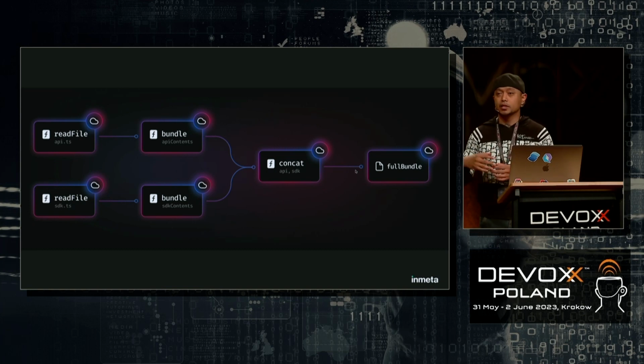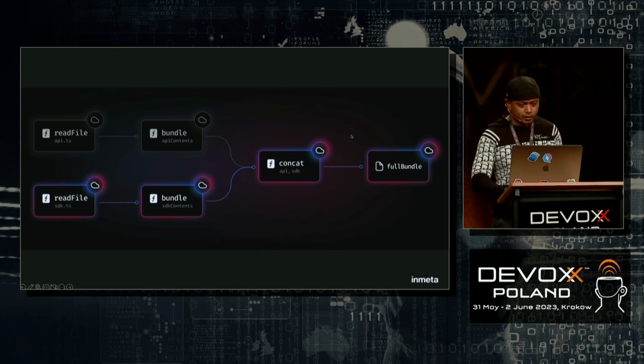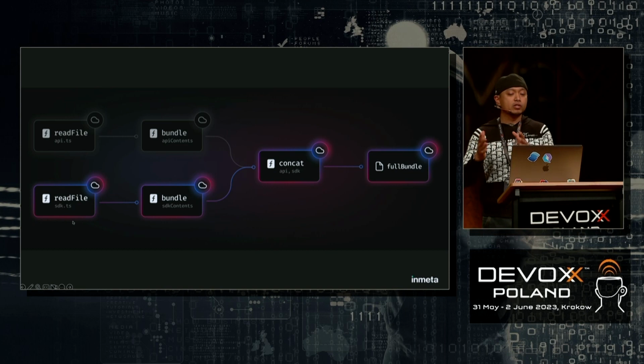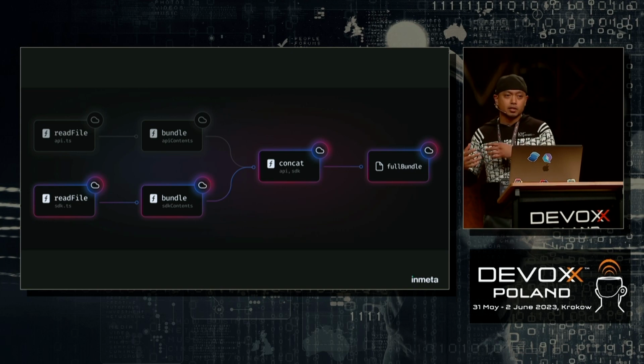During the first run, it reads, bundles, and concatenates the files, and remembers all the outputs. On a subsequent run, if a specific file such as sdk.ts is modified, Turbopack only needs to redo the steps related to that file, and it doesn't need to read or bundle the unchanged files like api.ts.